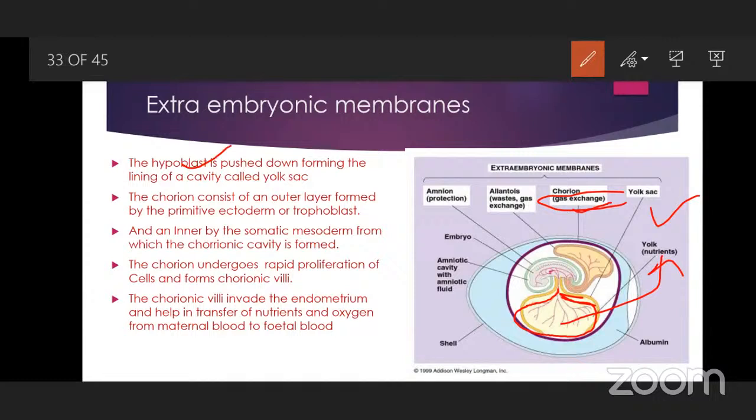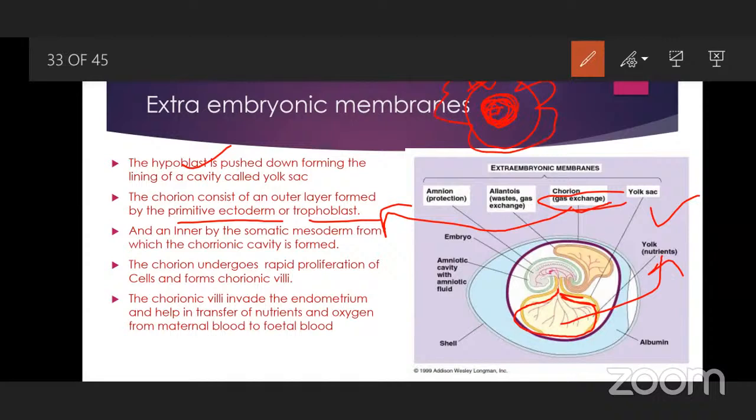Next is chorion. The chorion consists of an outer layer formed by primitive ectoderm or trophoblast, the outermost cells of the embryo, which were formed during the starting stage. We have seen that in the starting stage, the embryo was formed with trophoblast cells, which formed trophoblastic villi, as well as inner mass cells.